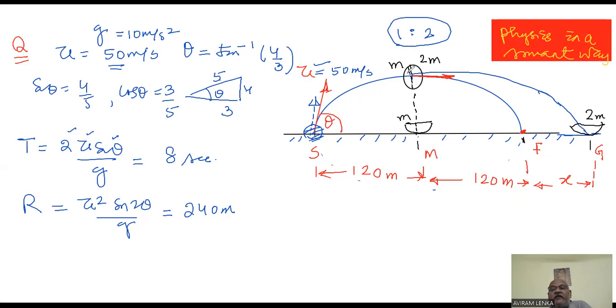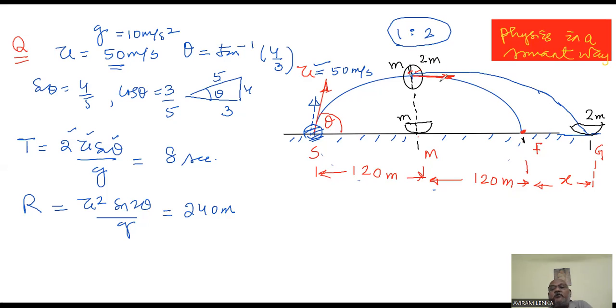So the breaking is a physical change which is purely internal.